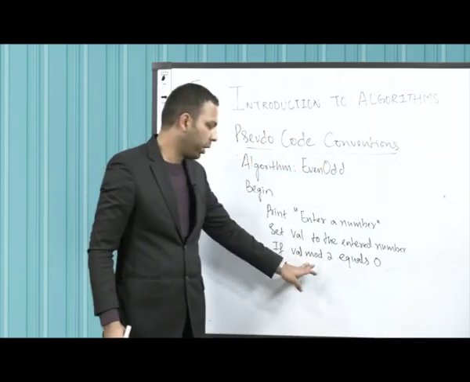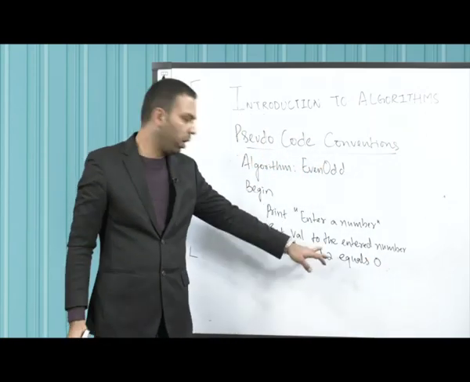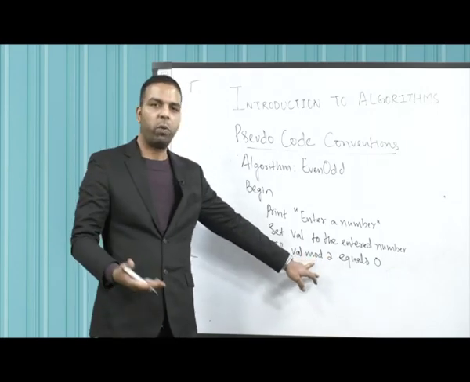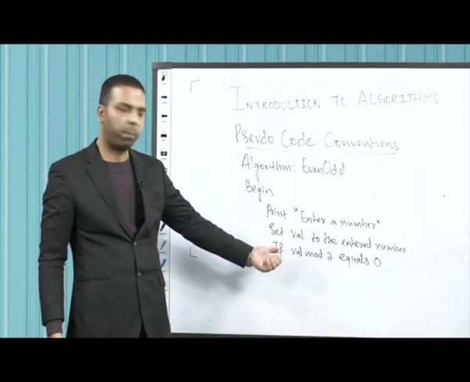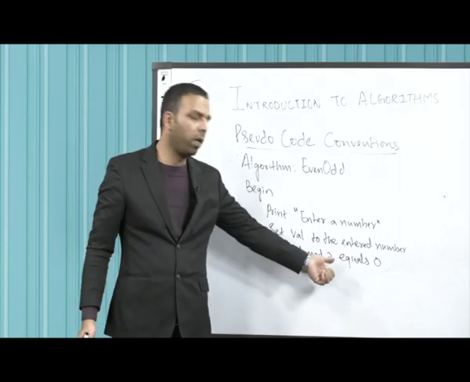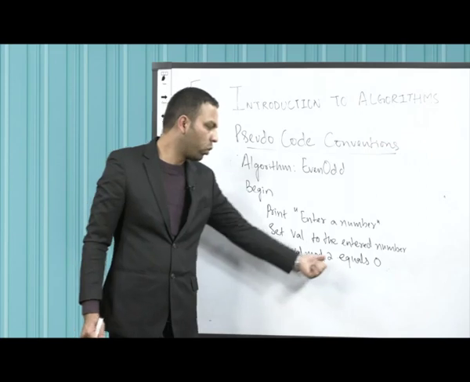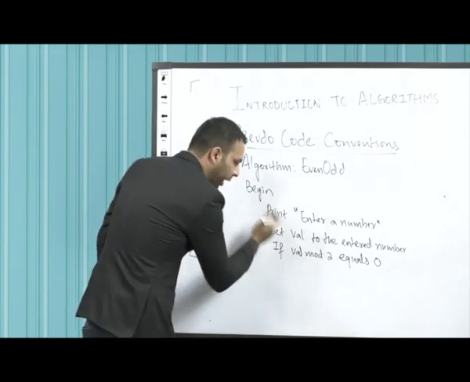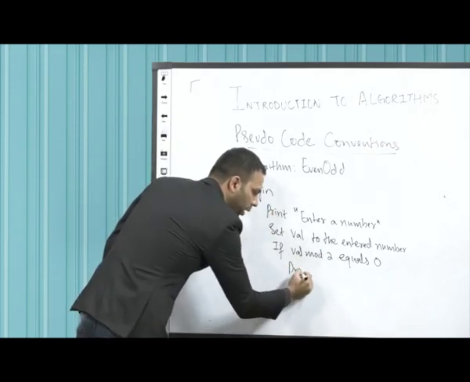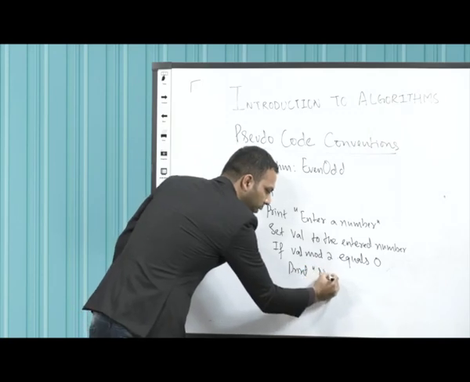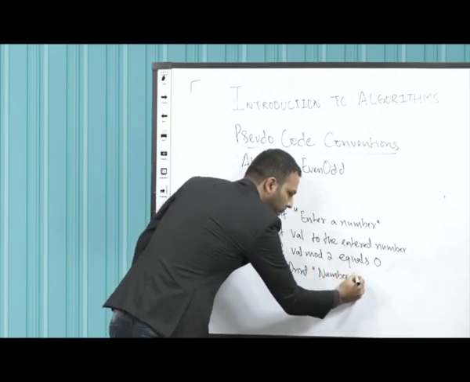This is the condition. val is the variable, and the mod operation, the modulus operation, gives you the integer remainder. It means when we divide this number by 2, it will give you the remainder. So if it is an even number, what will be the remainder? It will be 0. So if it equals 0, then again we'll use print, "Number is even".